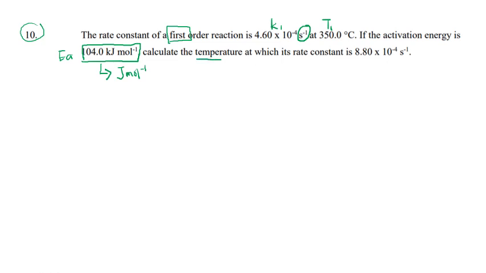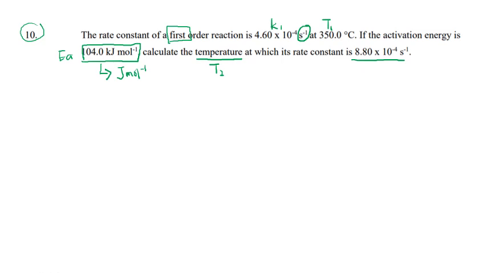Calculate the temperature. Okay, this is a bit different from the previous question, because question number 8 asked us to determine the rate constant, but now this question asks us to determine the temperature. So it's T2, at which the rate constant is 8.8 exponent negative 4.